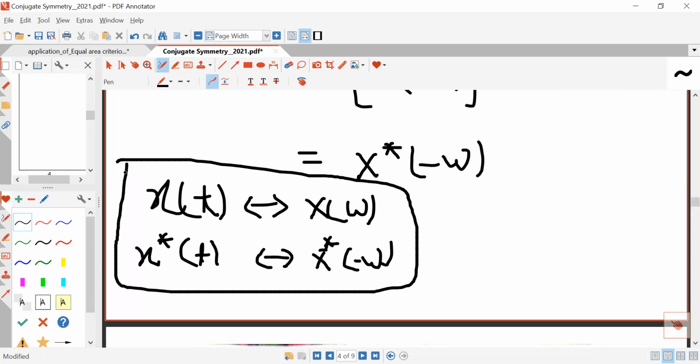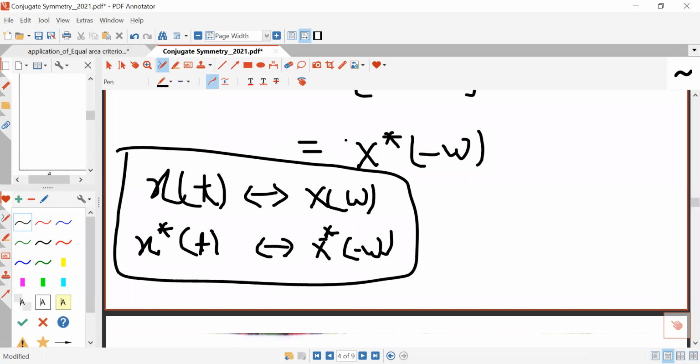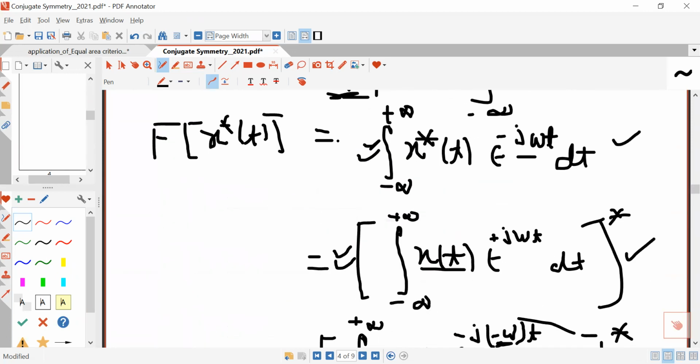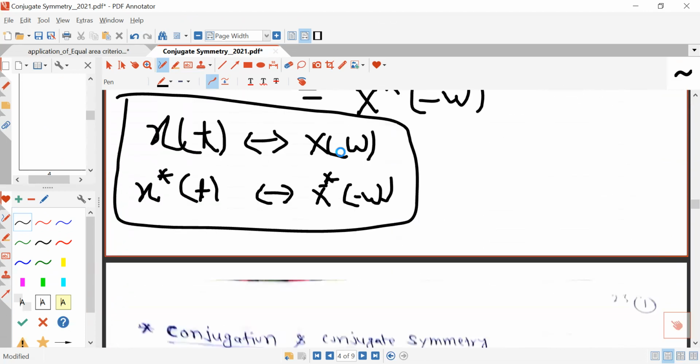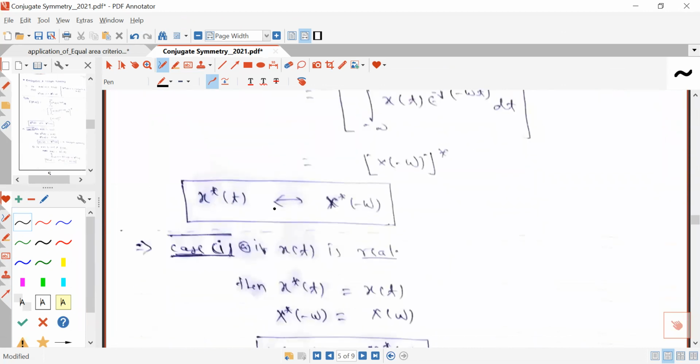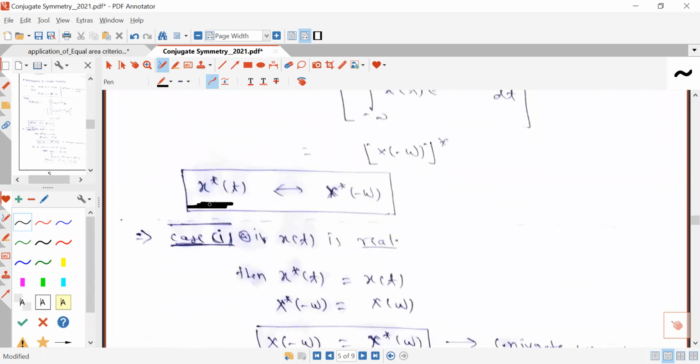So in this way you can determine the Fourier transform of the conjugate of any signal. I have already derived the Fourier transform of the conjugate signal in this PDF file. You can see here the Fourier transform of its conjugate will be equal to X of minus omega conjugate.